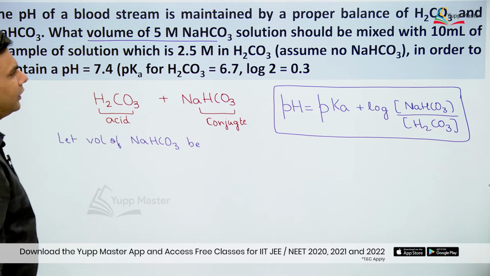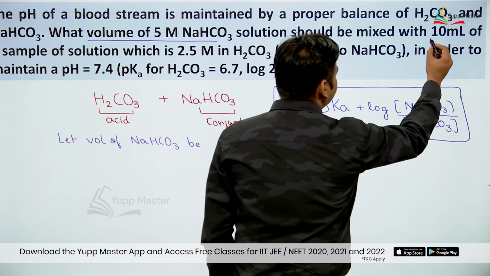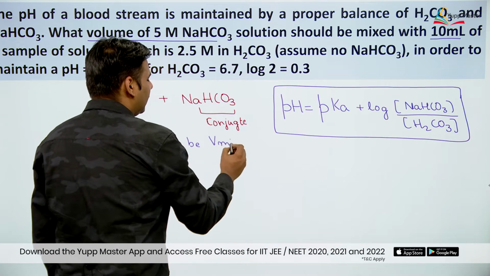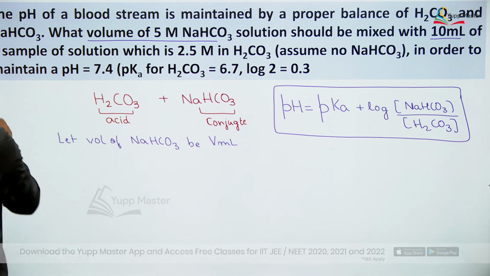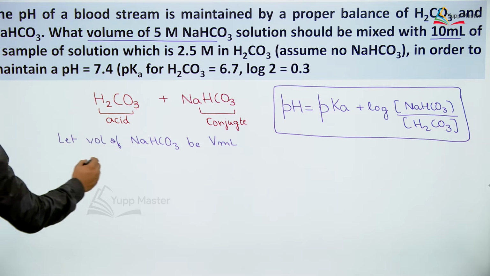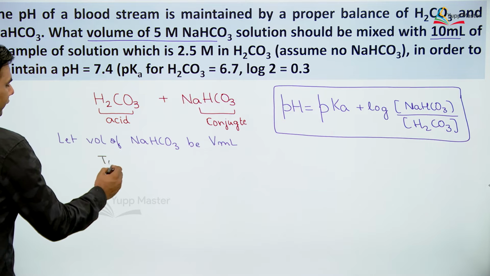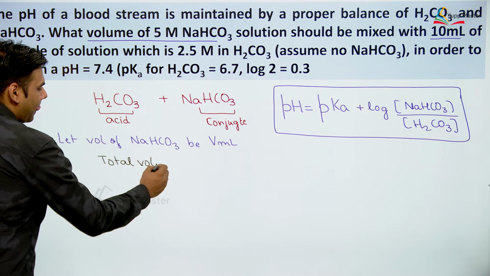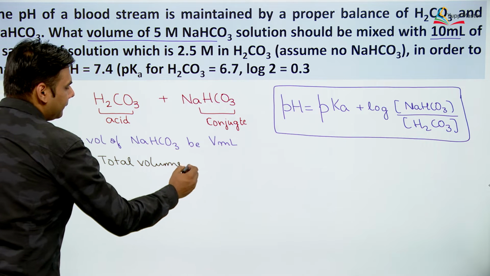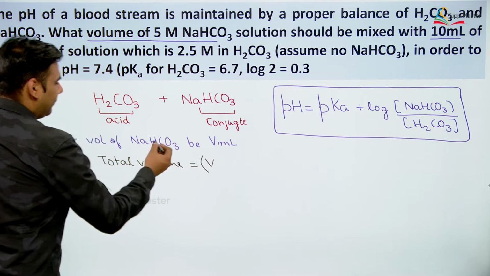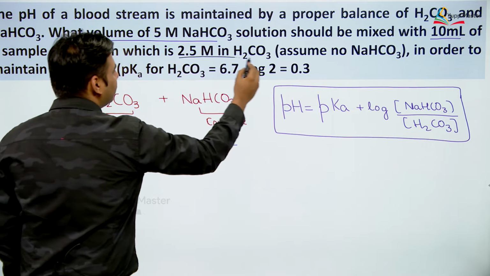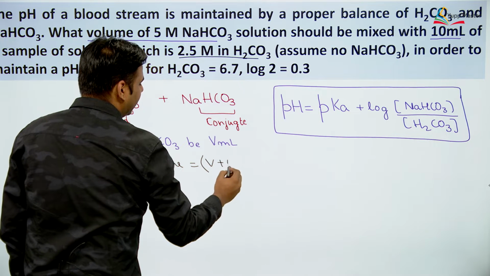Now because the volume of H2CO3 is given as 10 ml, when we mix the two solutions the total volume becomes V plus 10 ml, where V ml is of NaHCO3 and 10 ml is of H2CO3.